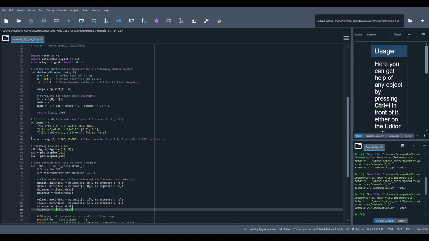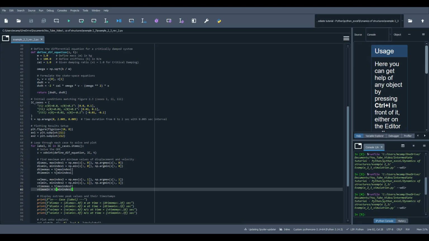The first equation says the rate of change of displacement is the velocity, and dv/dt, the second equation, the rate of change of velocity, is the acceleration from the main equation. And then we return the solution of this.